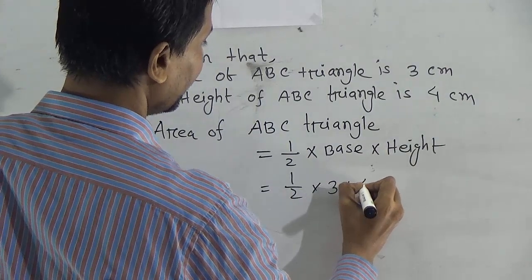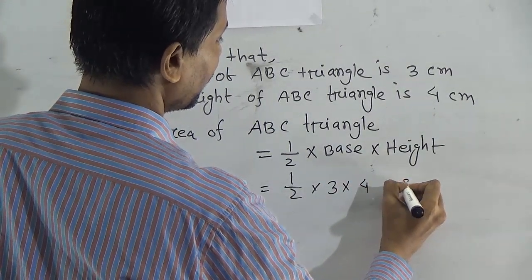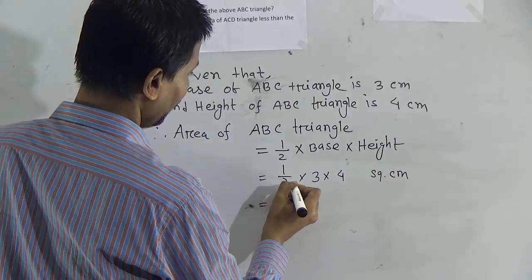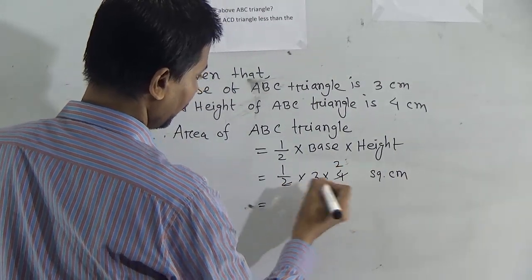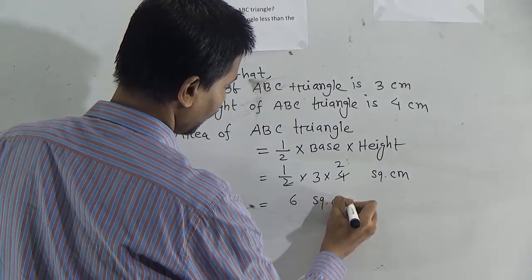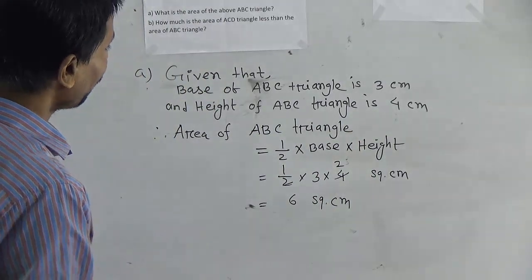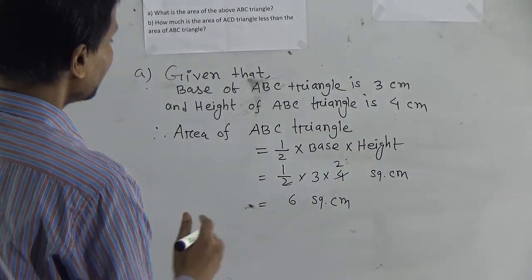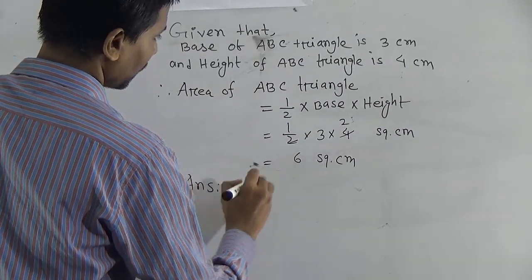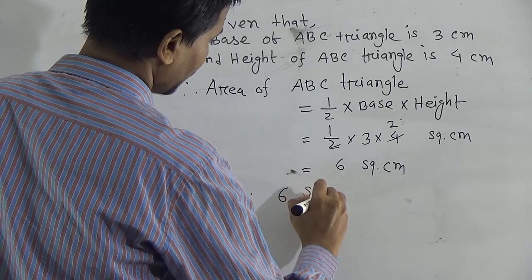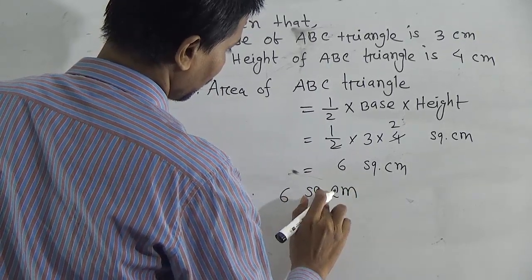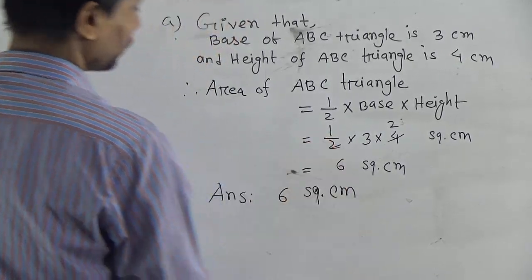See, height is 4 centimeter. Right here is square centimeter. Now divide 2, then we get 3 to the 6 is square centimeter. That means we have got area of ABC triangle is 6 square centimeter. Okay, right. Answer 6 square centimeter.